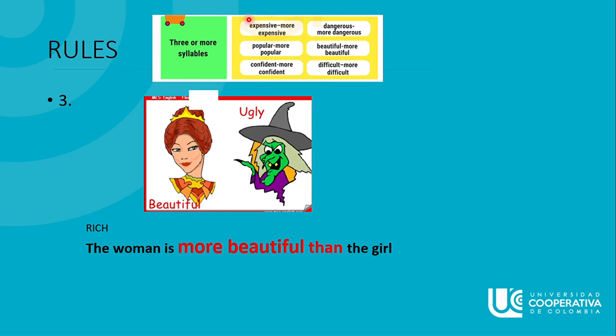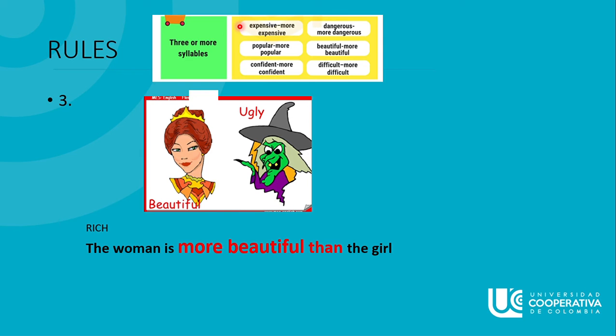Remember, when we are talking about adjective in English, we cannot say that we can apply the same rules of Spanish. Okay? Depending on the pronunciation of these adjectives, we can see if they have 3 or more syllables.